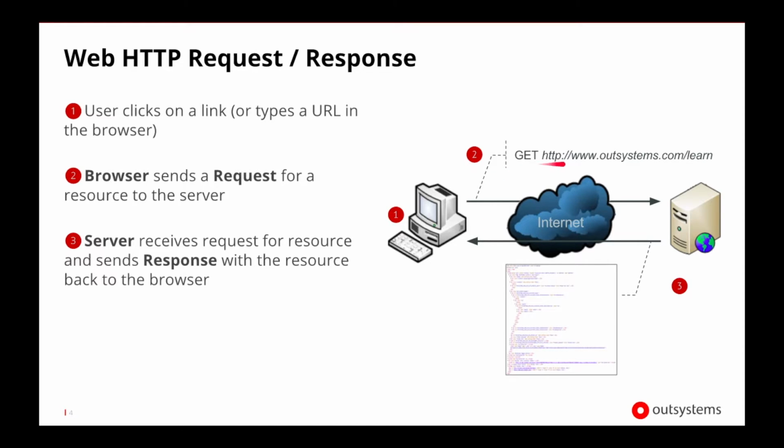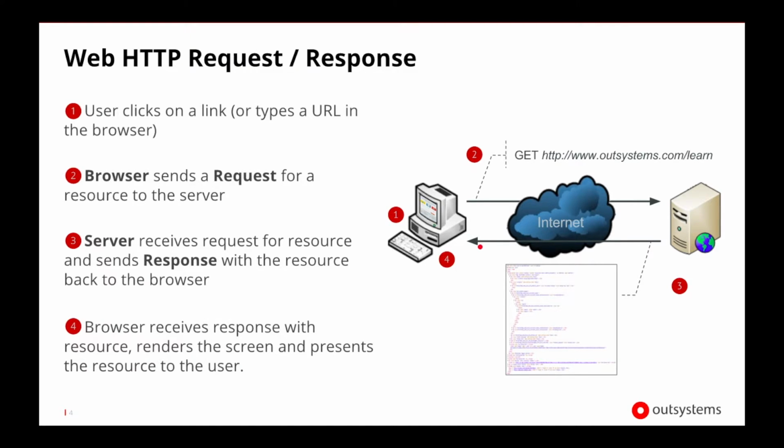It sends further requests for more files, for instance, an image file, and gets back, in this instance, from the server, an image. So with the information that it receives on each response, the browser renders that response on the screen as it fits the current application and therefore presenting the resource to the user.